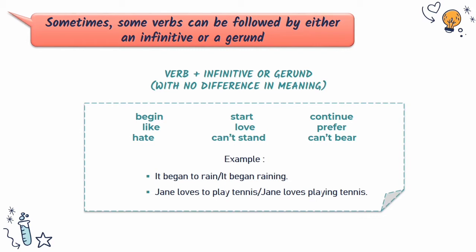The ing form normally emphasizes the action or experience. In that sentence, Jane is enjoying the experience of playing tennis, so it is said that Jane loves playing tennis. It's actually simple, isn't it? Try to listen to the example again and feel the difference.